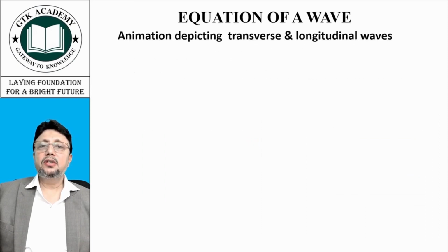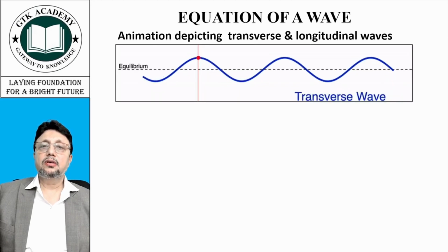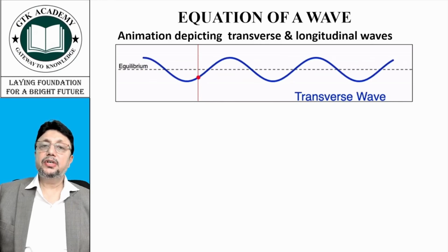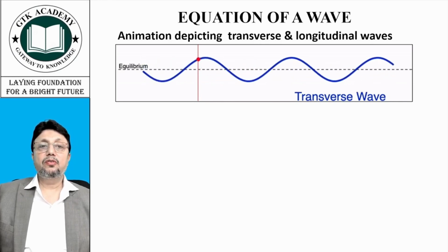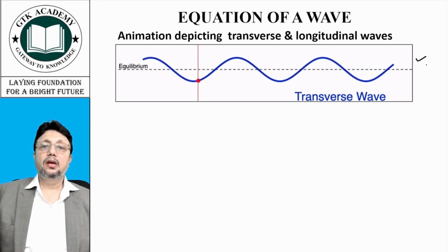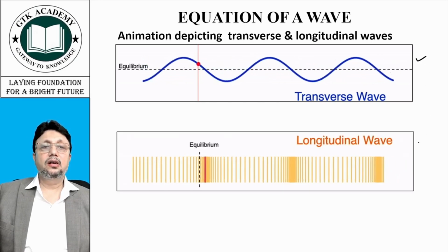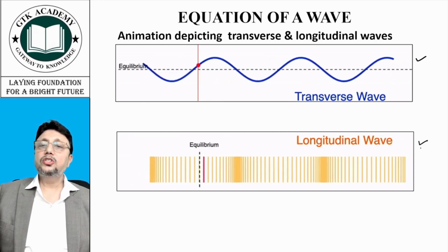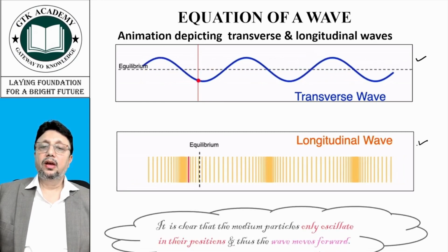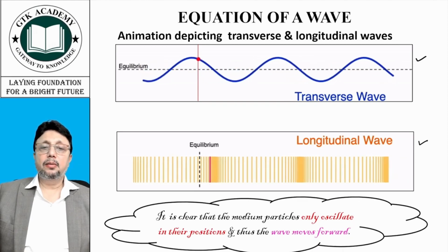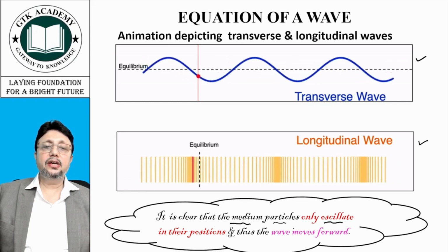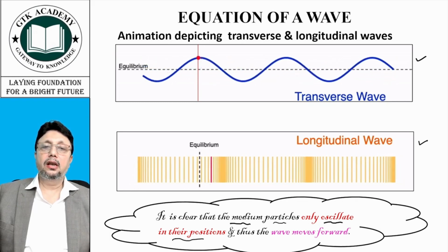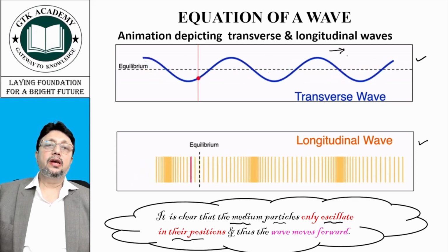Now, animations which are depicting transverse and longitudinal waves. This is an animation which depicts transverse wave, this one, and the other one depicts a longitudinal wave. It is clear that the medium particles are only oscillating in their position, but the wave is moving in this direction.